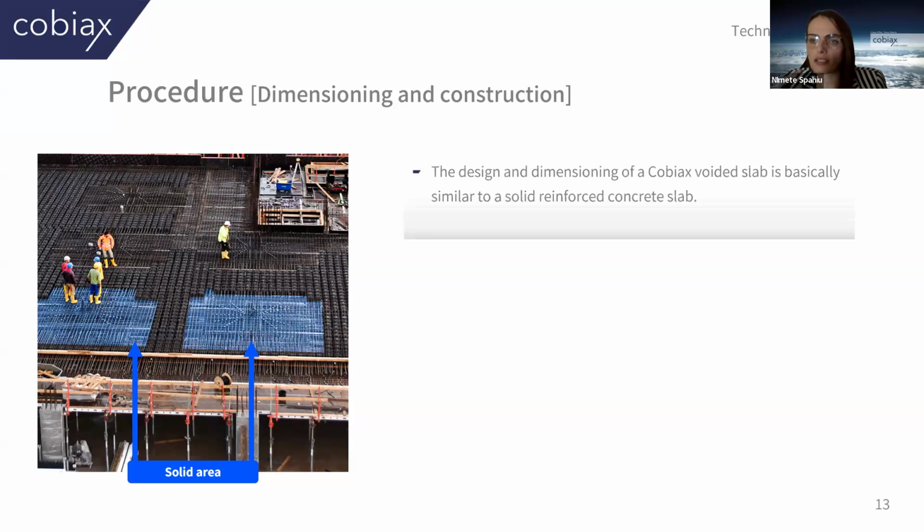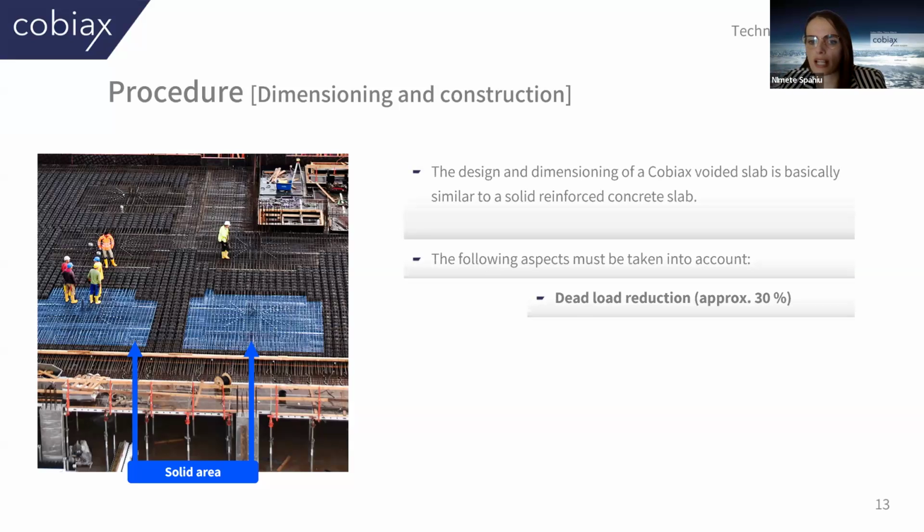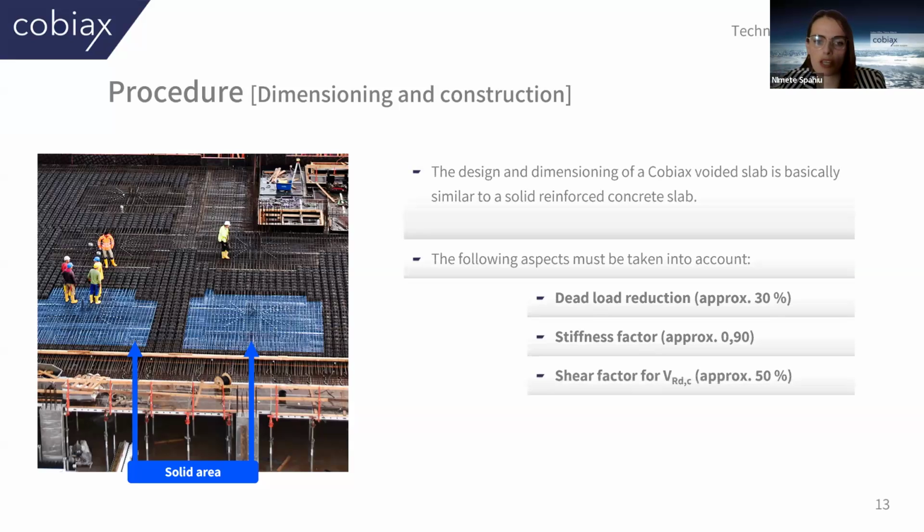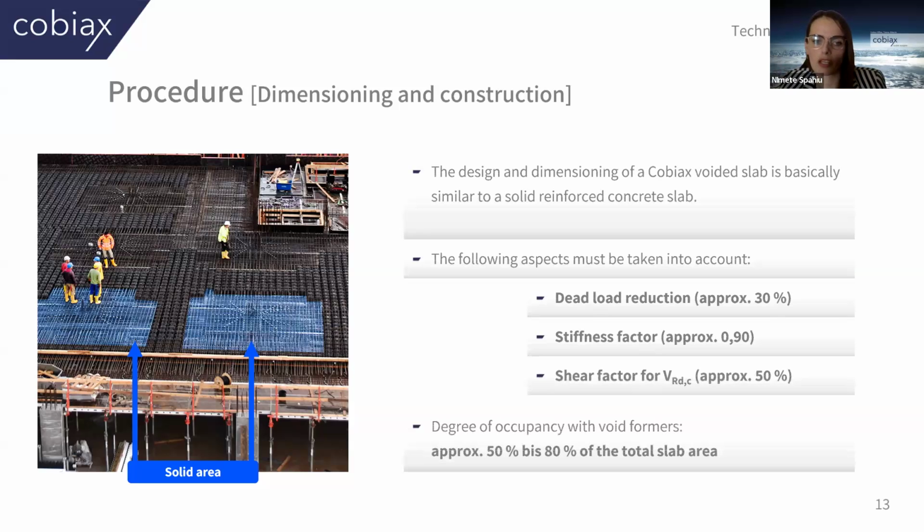But generally, the Cobiax slab design will be very similar to a solid slab, just taking into account some things like the load reduction, the stiffness factor that will change, and the shear force. The degree of occupancy with the void former varies from 50% to 80% of the total slab area.